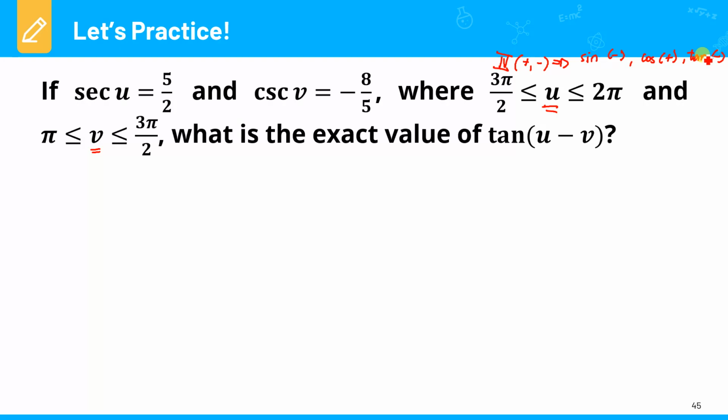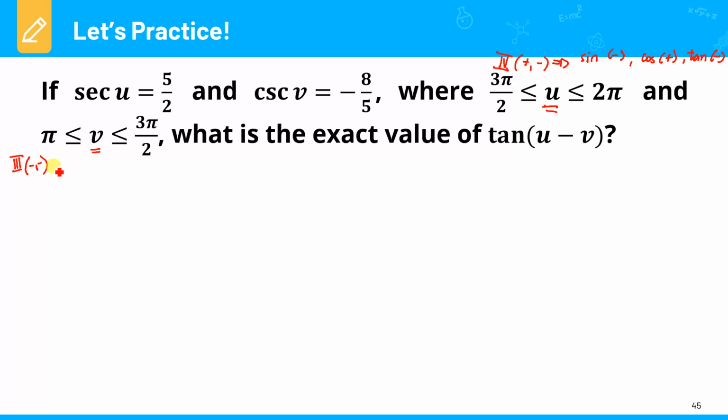The same is true with our v here. The properties of our v: it is located in the third quadrant because it is greater than or equal to pi but less than or equal to 3 pi over 2. So the properties here would be negative, negative.